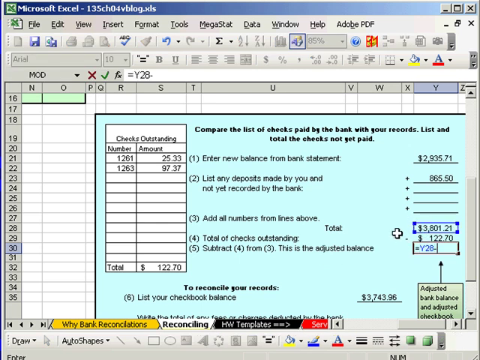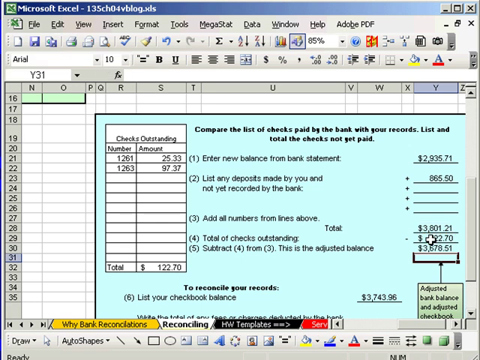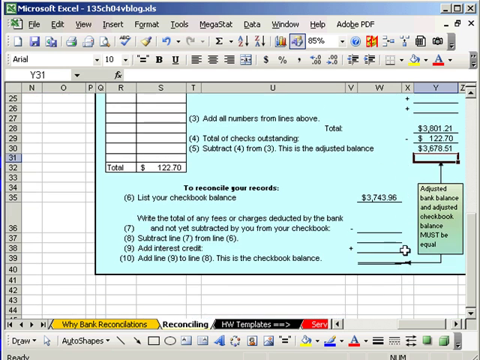This one minus this one. Enter. There it is. When we calculate the balance on the other side, we better get that number exactly. If we don't, then we know there's some trouble. That's $3,678.51. All right, this is exciting, man. I can't wait to prove that they're actually the same.